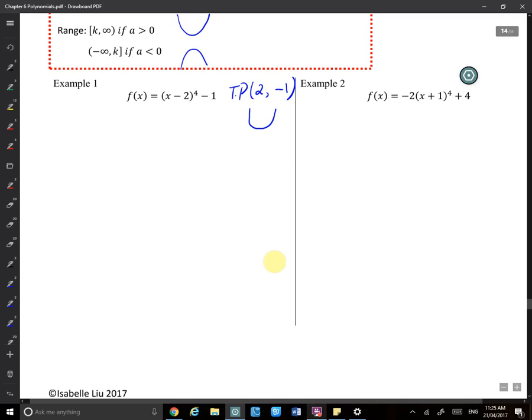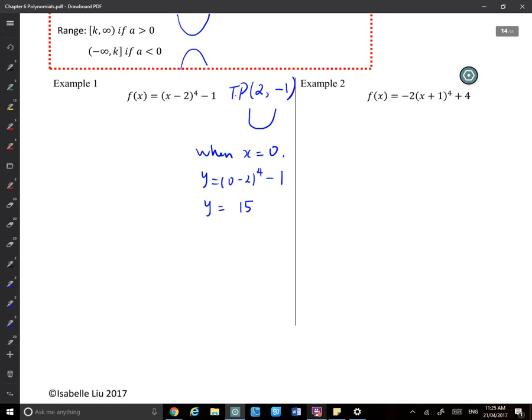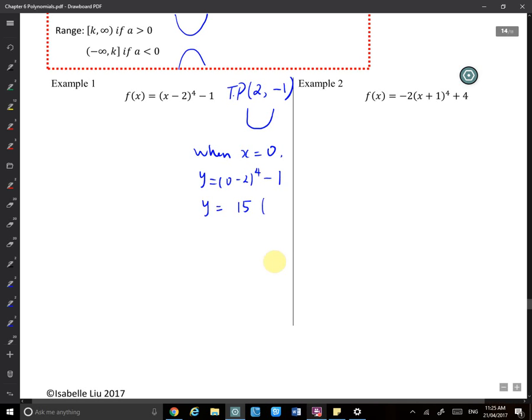Then when x equals 0, y equals (0 - 2) to the power 4 minus 1. Y will equal 15. Negative 2 to the power 4 is 16, 16 minus 1 is 15. So (0, 15) is the y-intercept.